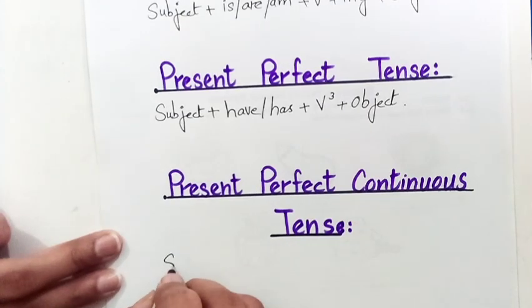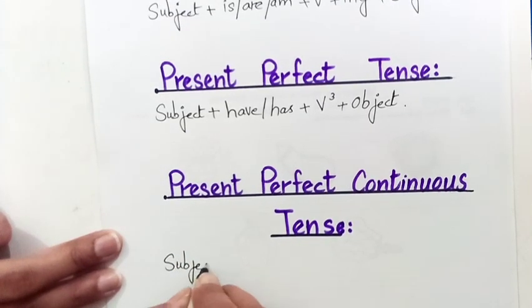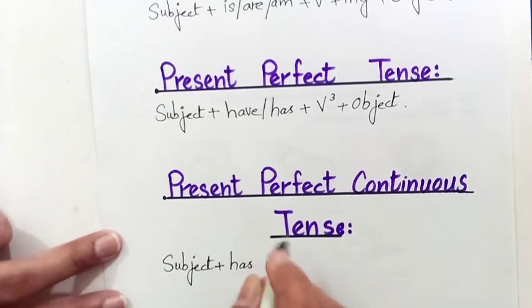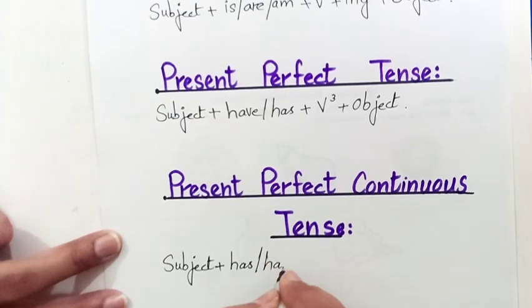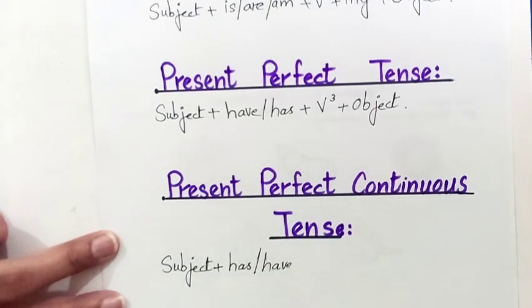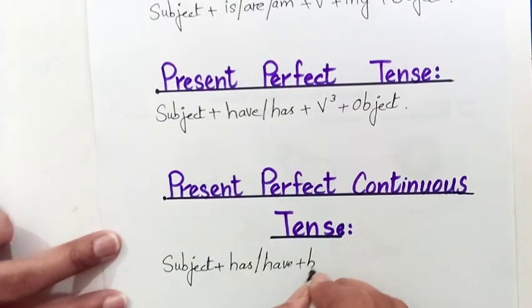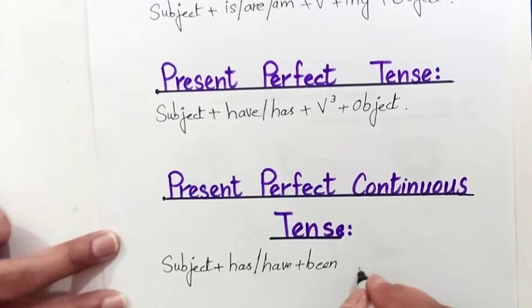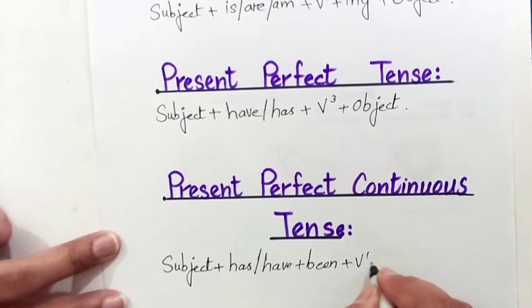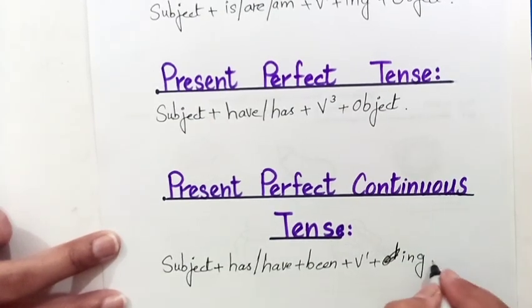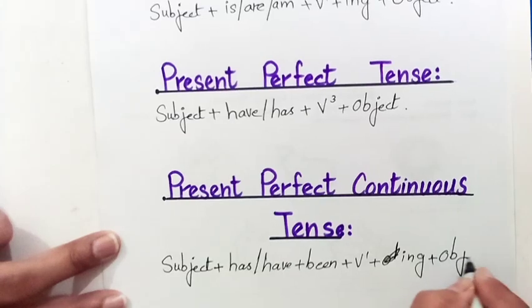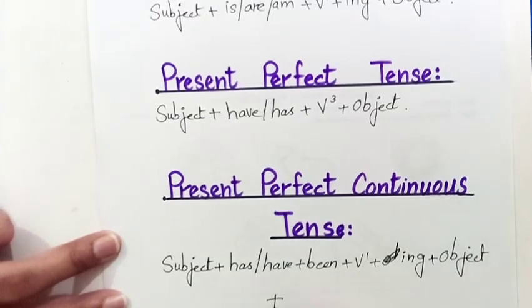The formation is subject plus has or have, that we always use according to our subject, plus been, plus V1, that is first form of verb, plus ing, plus object, and plus, very important, time.